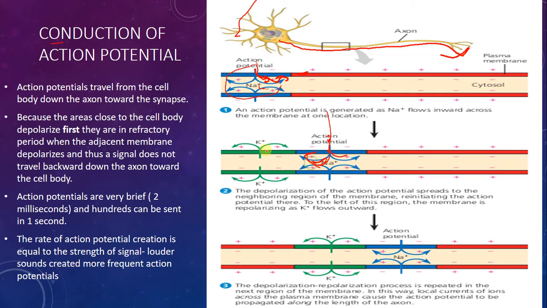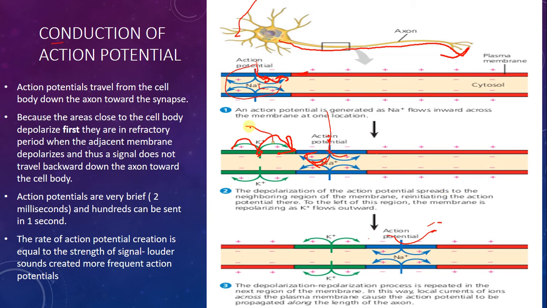So as that happens, the original part of the membrane starts to repolarize. Sodium channels close, potassium channels open, membrane potential falls. Very important. So as this happens, the action potential travels down the membrane.